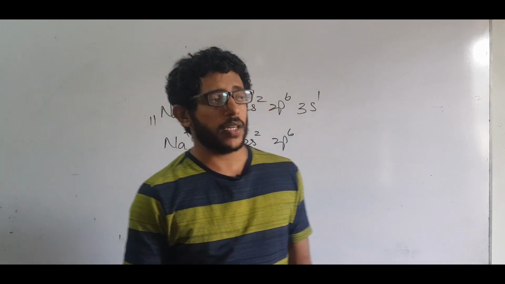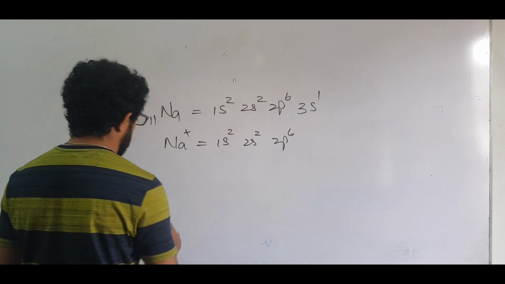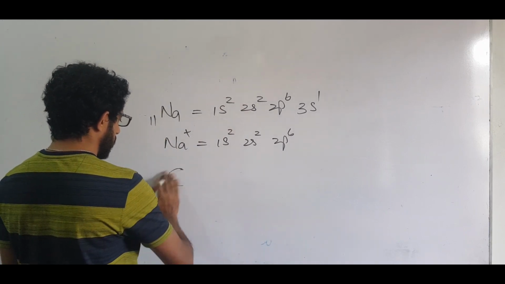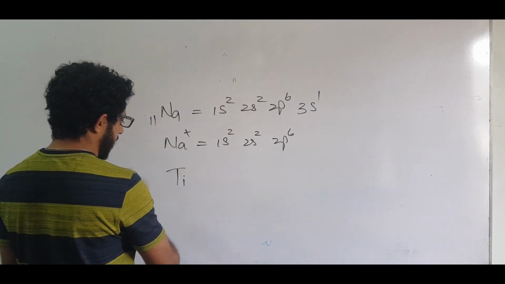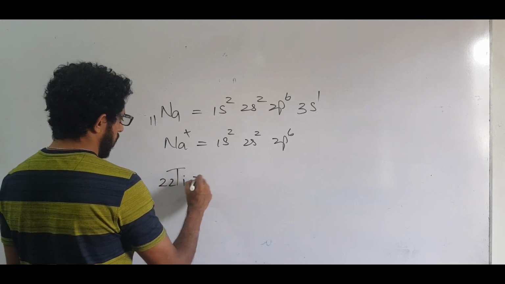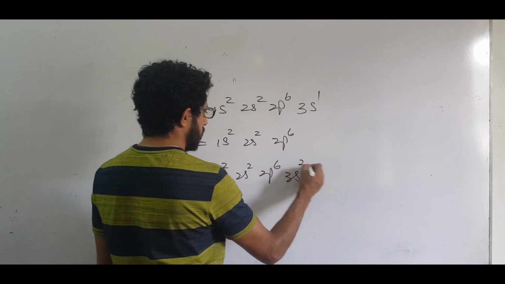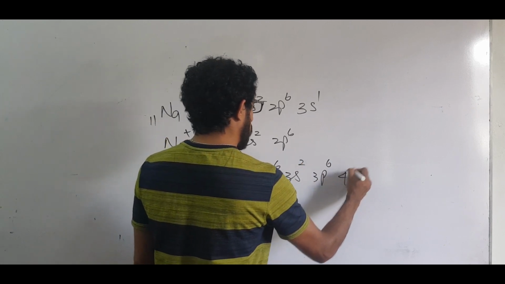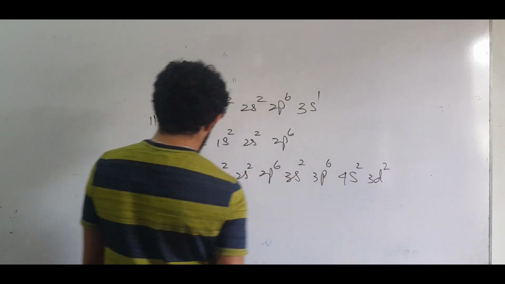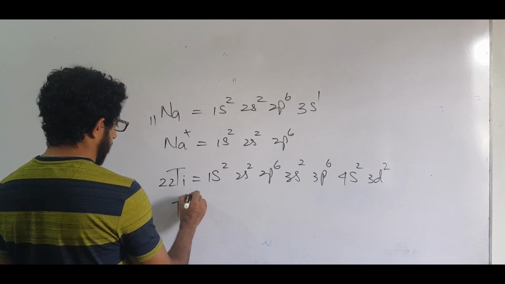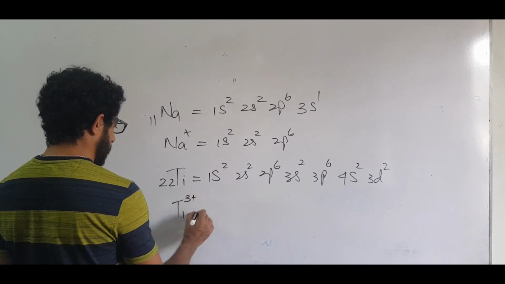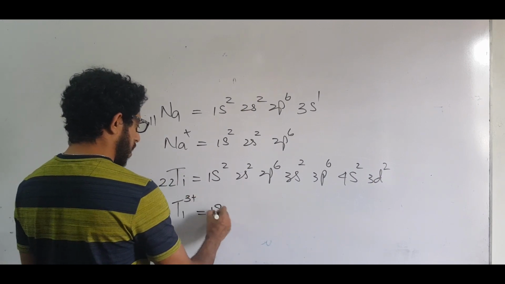But when you write for the transition elements, let us say titanium, the same thing we wrote, 22. Titanium is 1s2, 2s2, 2p6, 3s2, 3p6, 4s2, 3d2. When titanium forms, let us say, a titanium 3 plus ion, it is not like this.